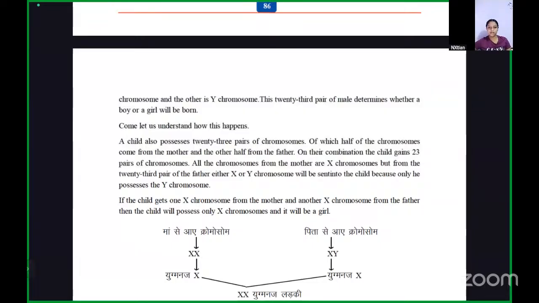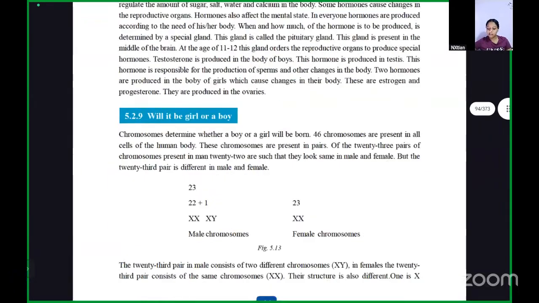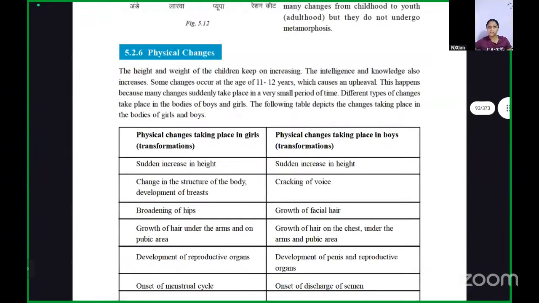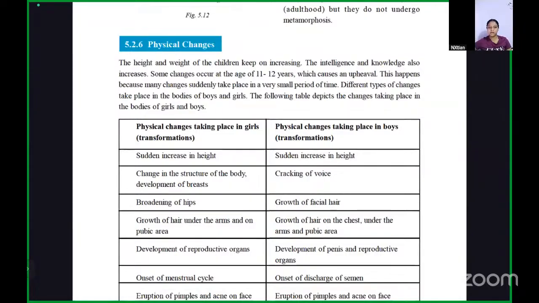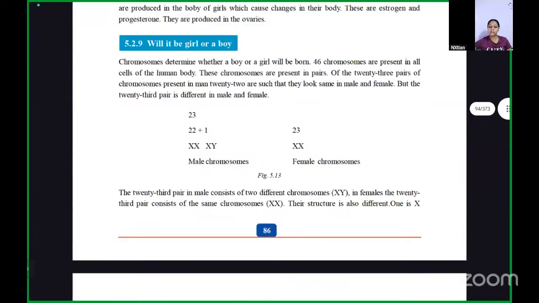In the last science lesson, I taught about physical changes taking place in a boy and a girl, and how it is determined whether it will be a boy or a girl.